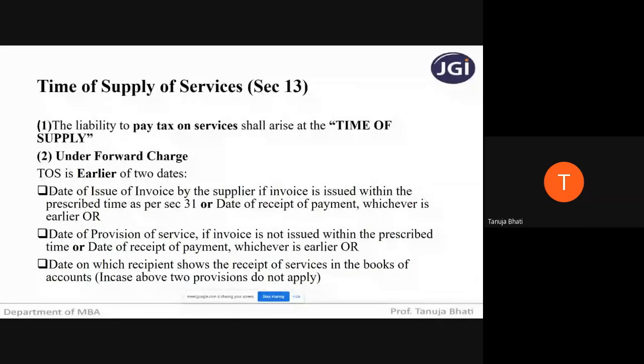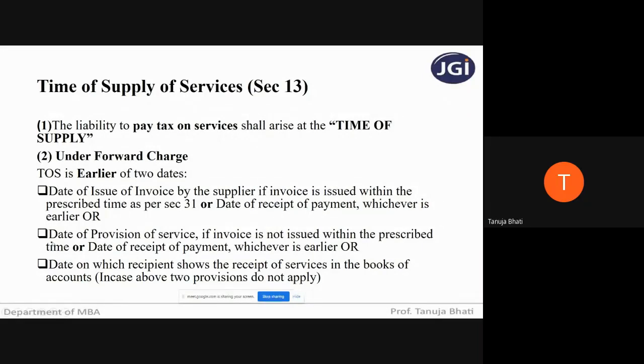Now in that particular problem, since it is not issued within the prescribed time, we will not apply this subsection. Which subsection will apply? Since the invoice is not issued within the prescribed time, the time of supply will be the date of provision of service or the date of receipt of payment, whichever is earlier. That is the reason we have applied section 12 subsection 2 clause B. This is clause A, this is clause B.